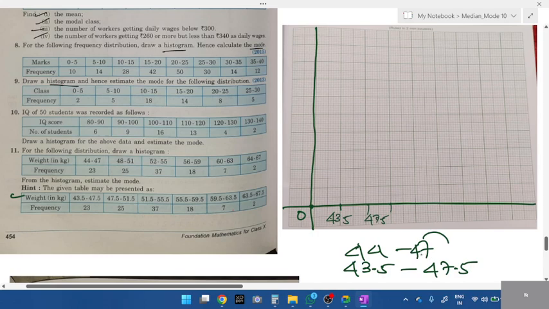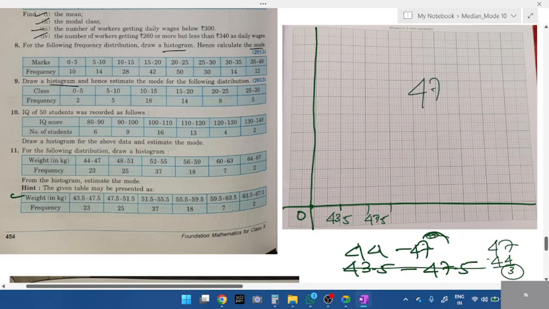Okay. 47.5. Now, instead of checking this value, what is the difference between 47 and 43? 47 minus 44, sorry, 47, 44, 3. Which means 3, that 43 minus 4, students.